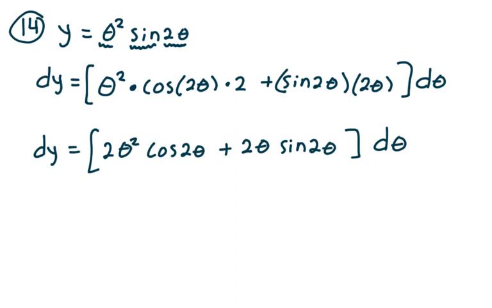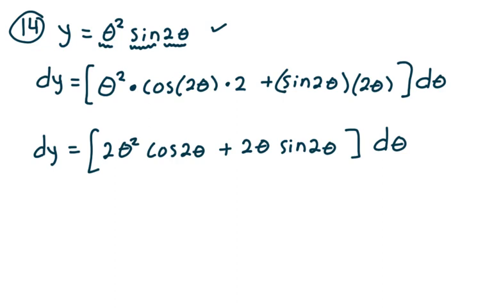And I would leave it to your instructor if your instructor wants you to factor out a 2 theta from this or leave the 2 theta inside. I would leave it to your instructor, but in essence, this is how you find the differential for this particular function. And that's problem number 14.